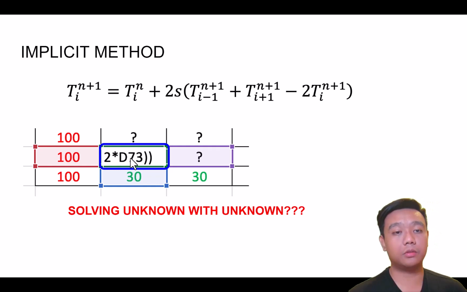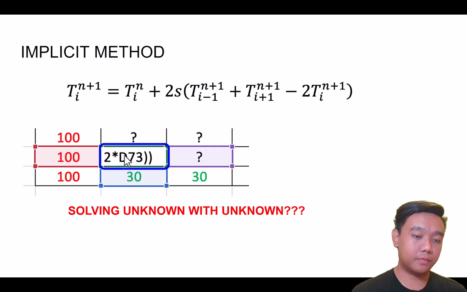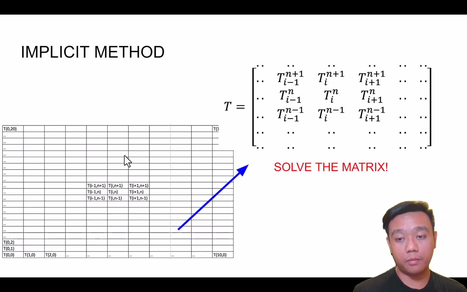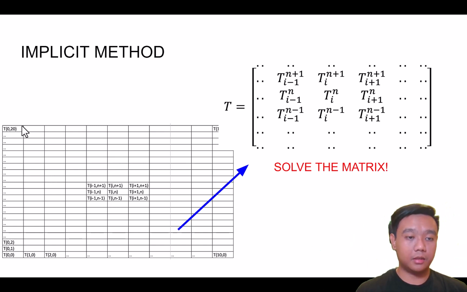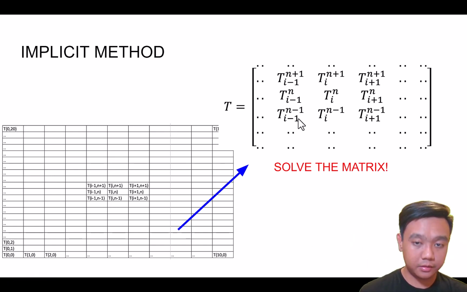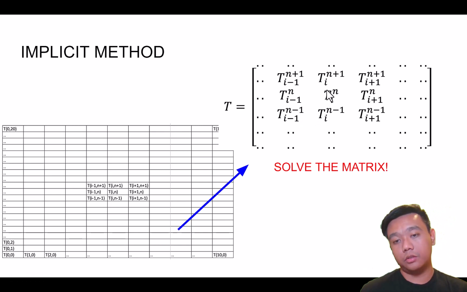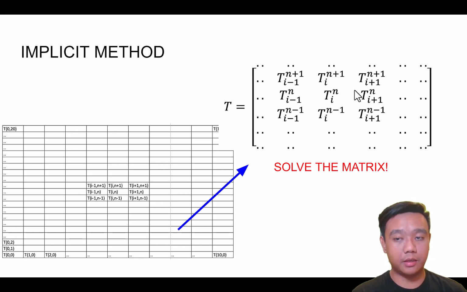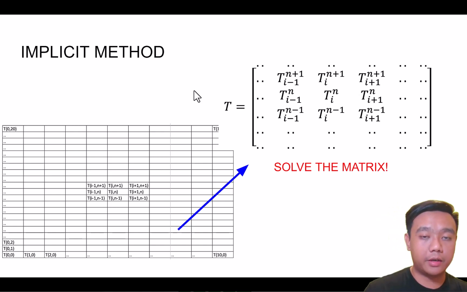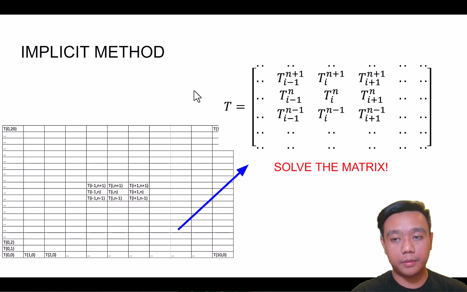So the way to find the solution is to make it in the form of a matrix like this. For example, if we take the previous table, we can change it to this form, and we will discuss the detail of how to solve this later, because it involves a lot of techniques like Crank-Nicolson, or maybe the MacCormack method, and many more.